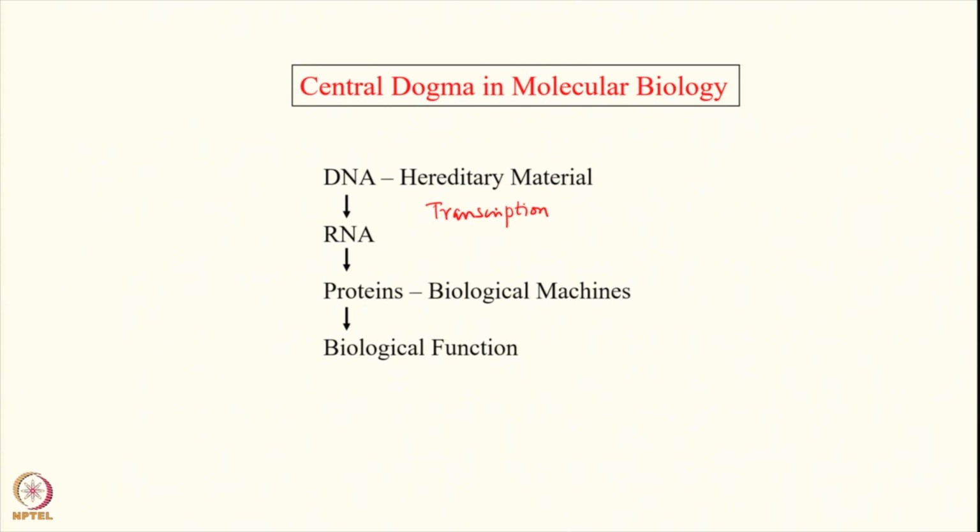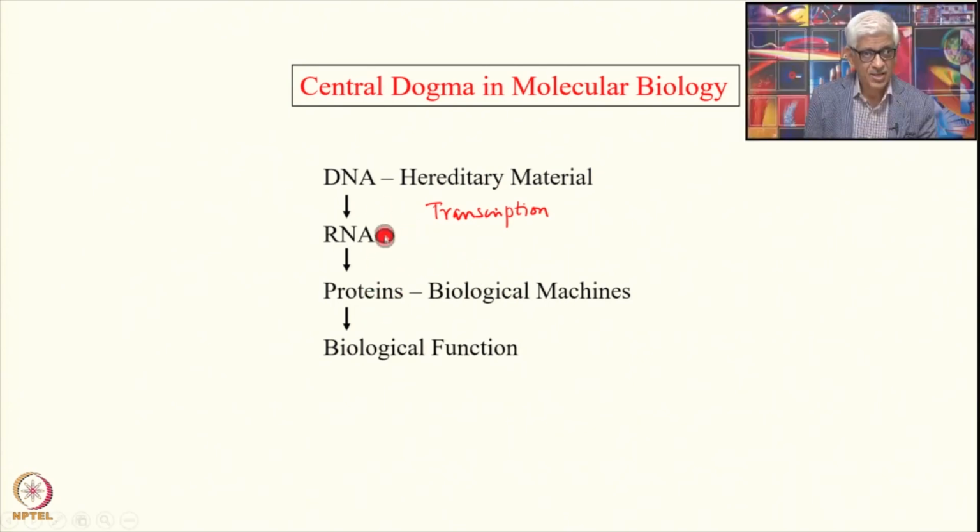And from the messenger RNA you have what are called the proteins. There is a kind of code in this which is called the genetic code, and this genetic code describes what kind of protein has to be produced. And you know, the proteins are made up of amino acids.